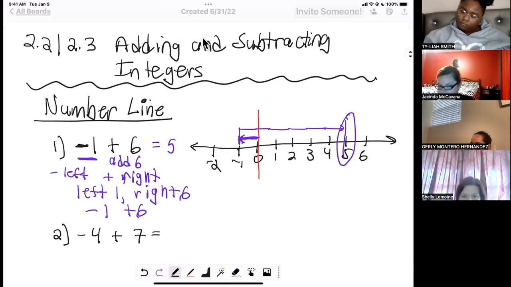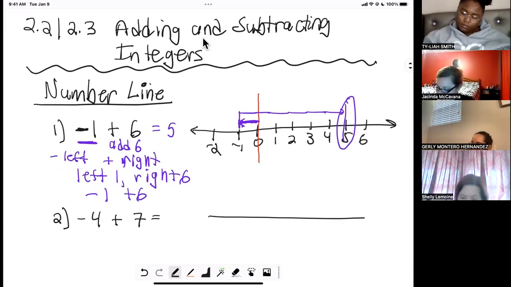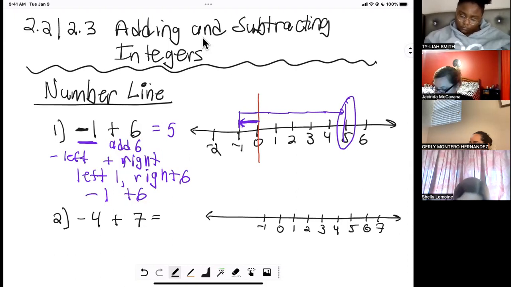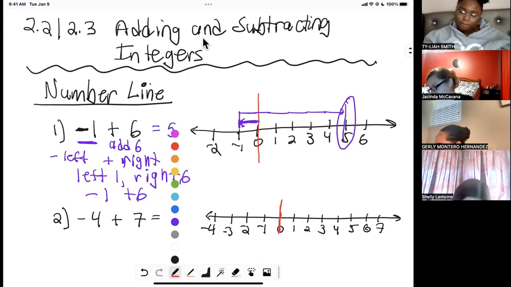Okay, let's do another one. Negative 4 plus 7. Now I'm going to write it in words.